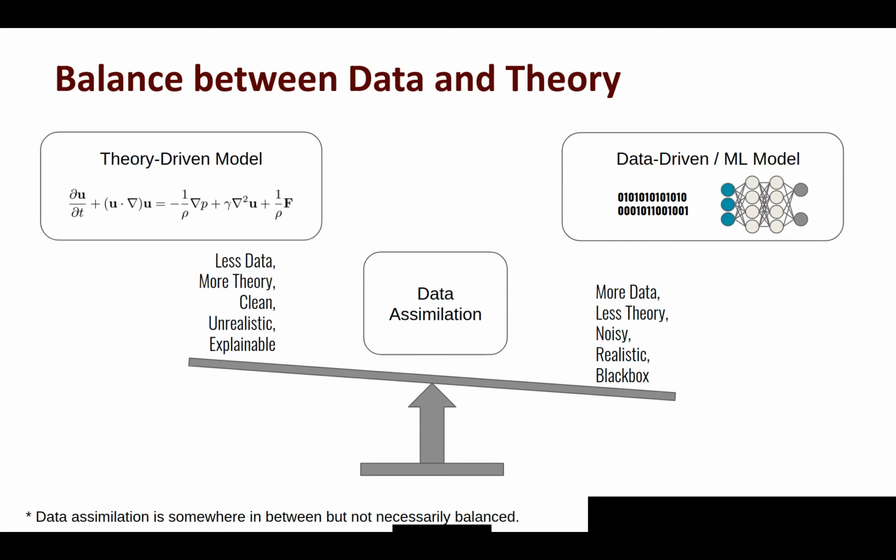And the data you are collecting might be noisy, but the problem is this method is actually getting more realistic. For a lot of theory-driven models, one major problem is the realism of the equation itself. In most cases, you simplify your equation in a certain way, you get rid of all the viscosity, friction, you think about some ideal cases to come up with a very beautiful mathematical equation. But in many cases, it doesn't really work very well.